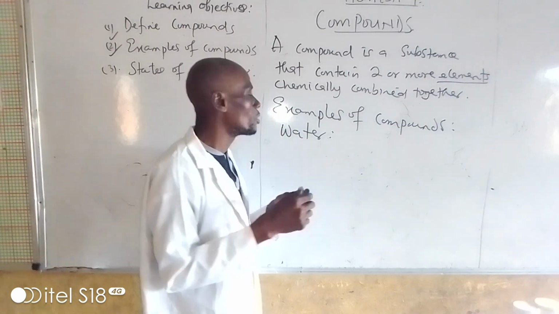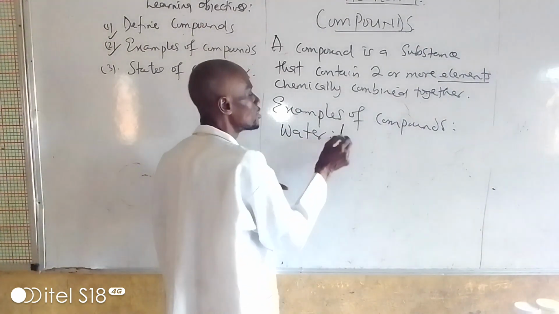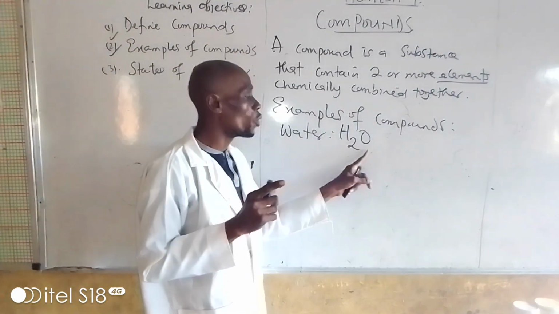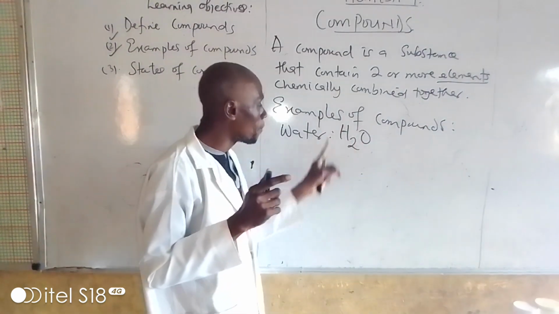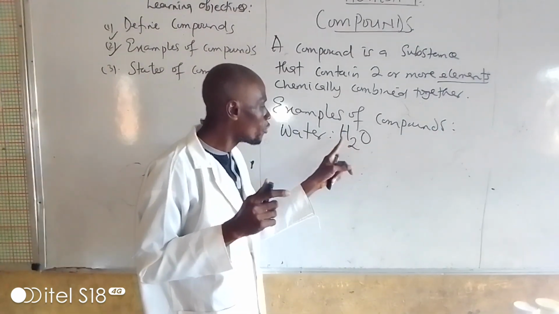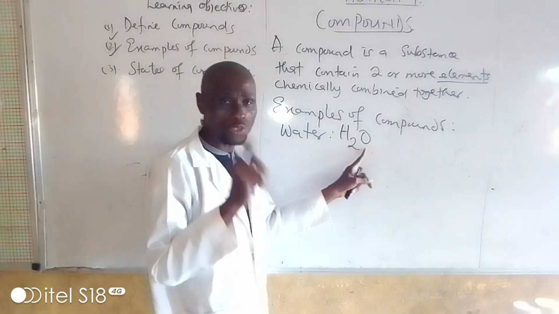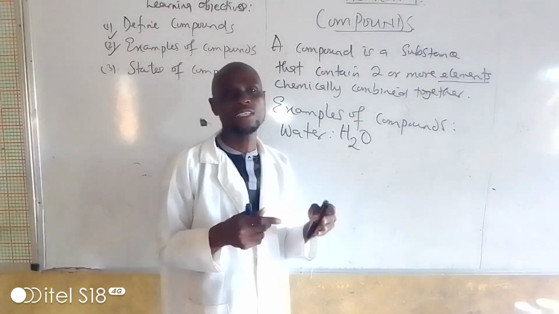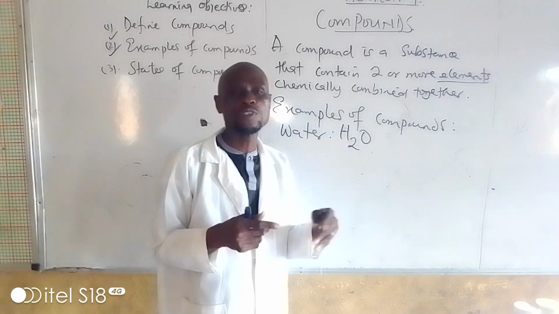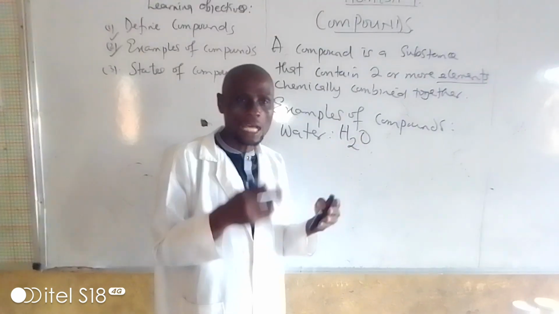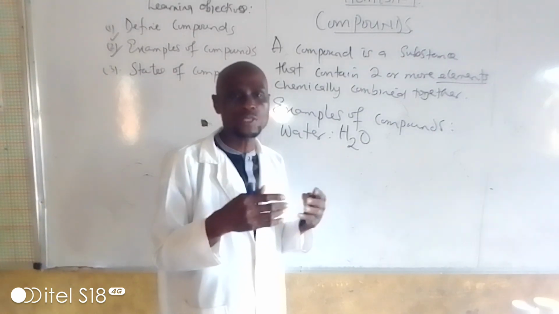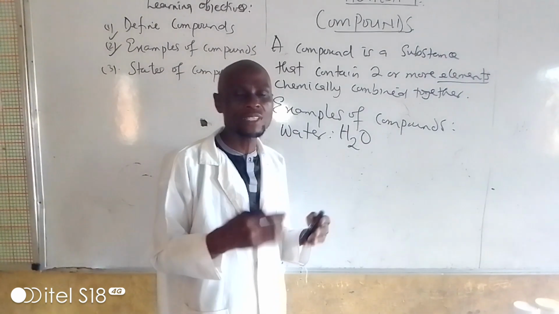What is used to represent them? The chemical formula of water is H2O. When I say H2O, H is for hydrogen, O is for oxygen. So this compound contains two atoms of hydrogen and one atom of oxygen. I discussed what an atom is in the previous class. We discussed atom and element. An atom is the smallest divisible particle of an element, or elemental unit.